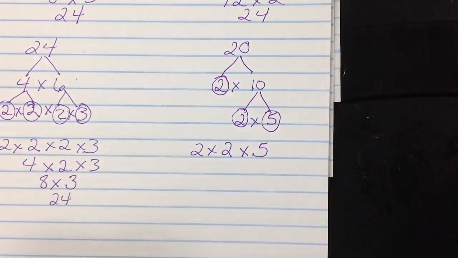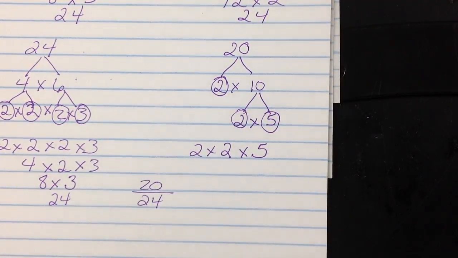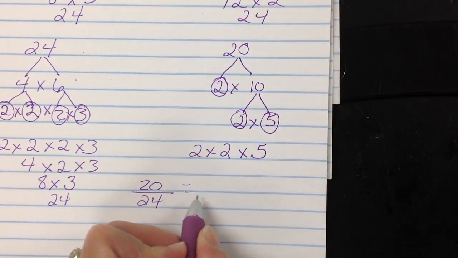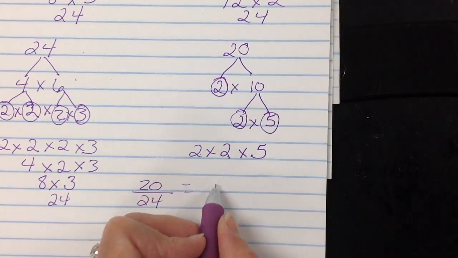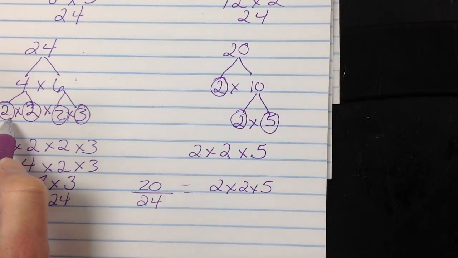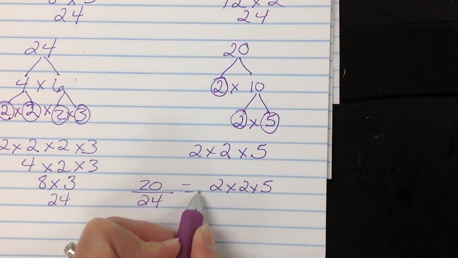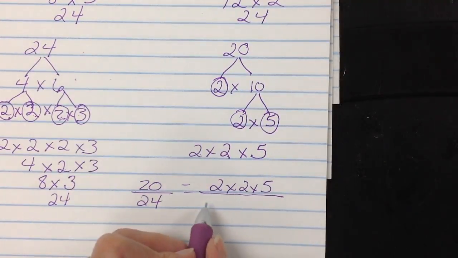So if I have the fraction 20 over 24, and I'm asked to simplify it, one strategy is to list out the prime factors of 20, 2 times 2 times 5. And then the factors of 24, draw our fraction bar, 2 times 2 times 2 times 3.